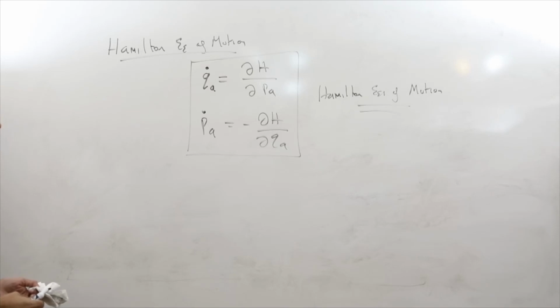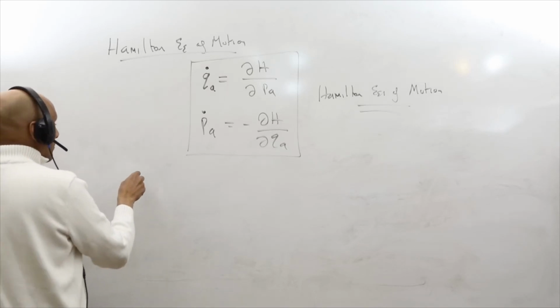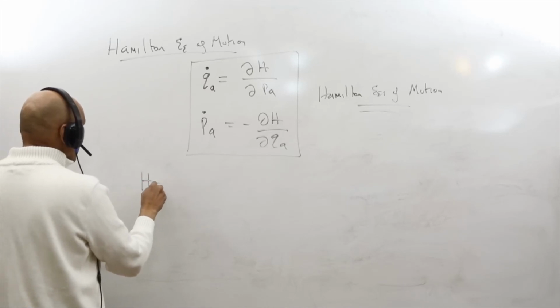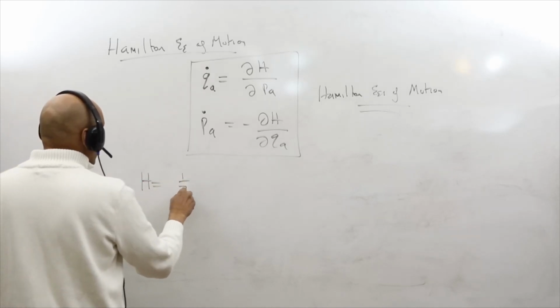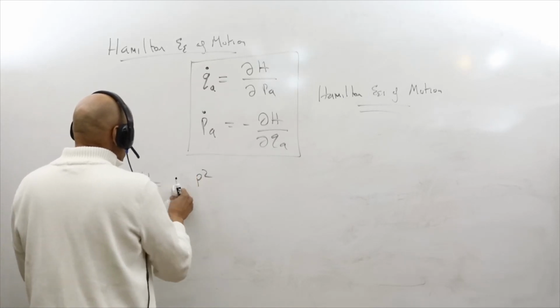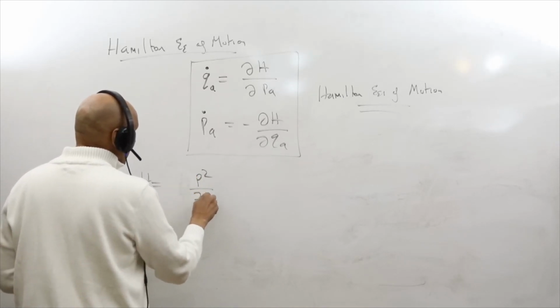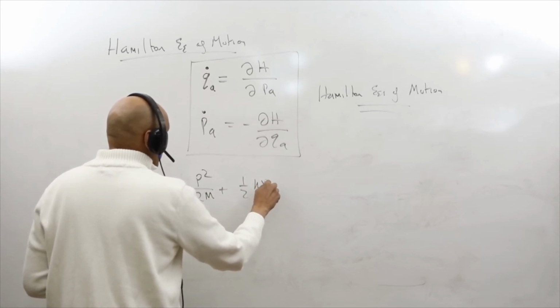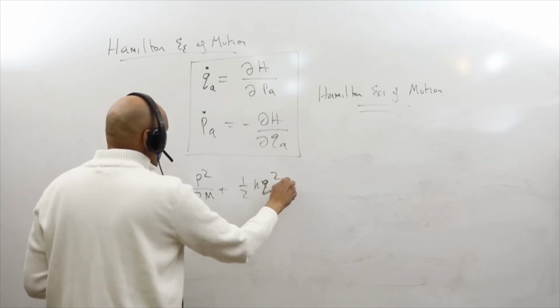So let's do an example of this, a quickie. If you remember earlier, we already discussed that the Hamiltonian for the spring system was given by p squared over 2m. We derived this, plus 1/2 k, I think I used q, so q squared.